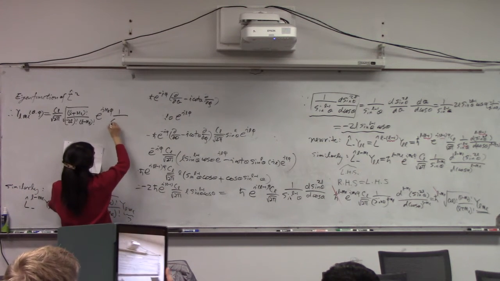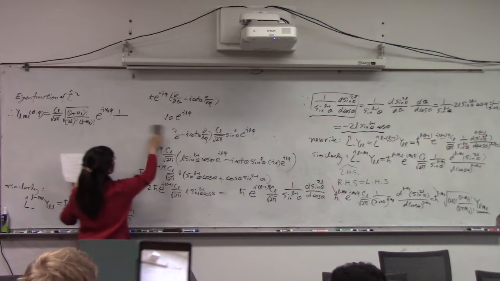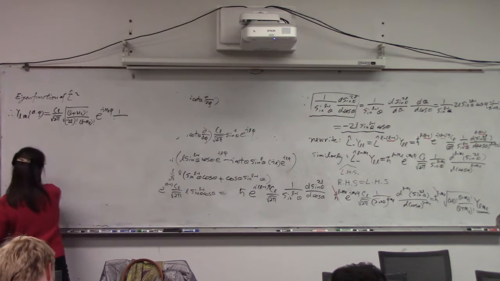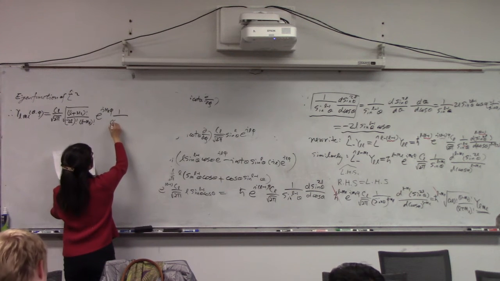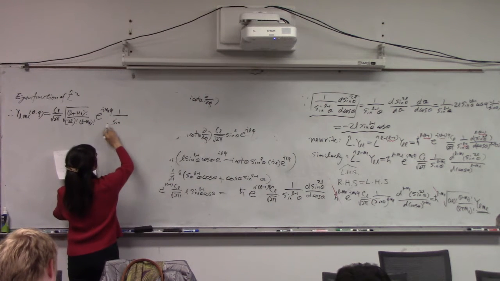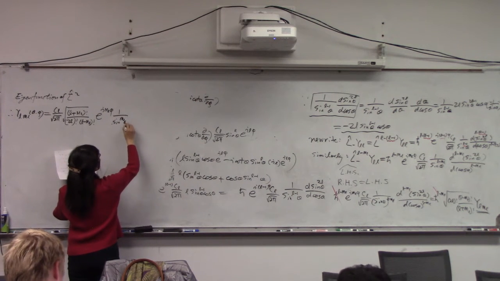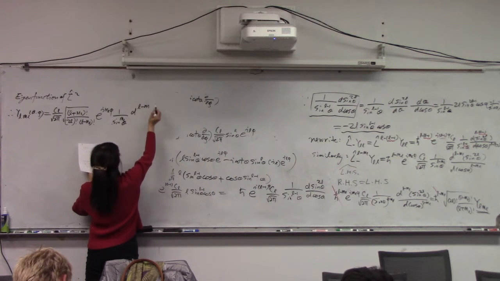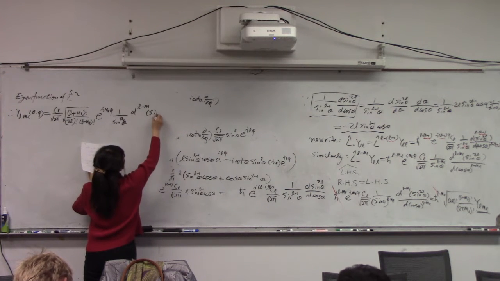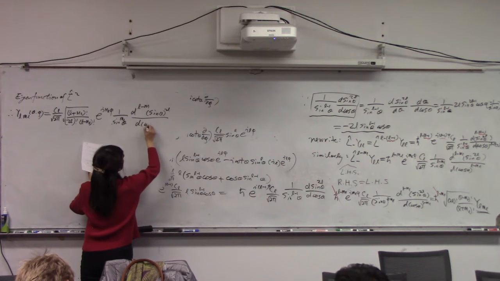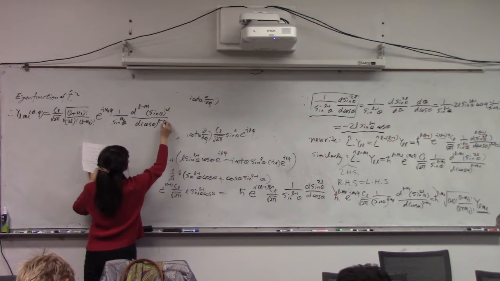Then the 1 over sine theta to the ML, and d cosine theta to the L minus ML, sine theta to the 2L.